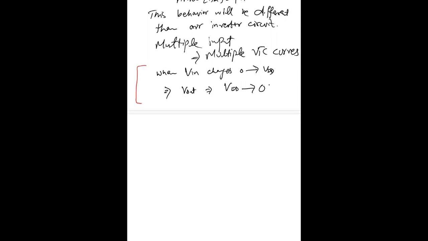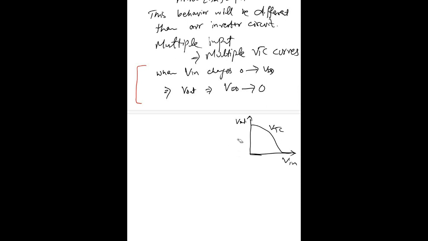We have one input source, so when our input changes from 0 to VDD, the output falls from VDD to 0. We have this graph with Vin and Vout, and when Vin increases, Vout starts decreasing.